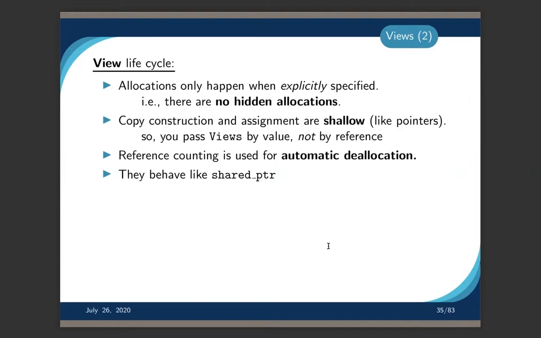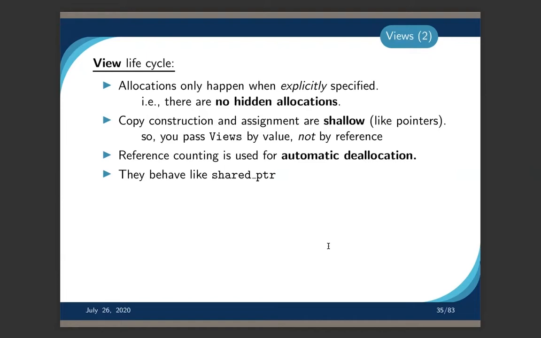Another thing to know about views is that we are trying to avoid allocations in places where you don't necessarily expect them. The primary allocation mechanism is the allocating constructor, which is the one that takes a label.